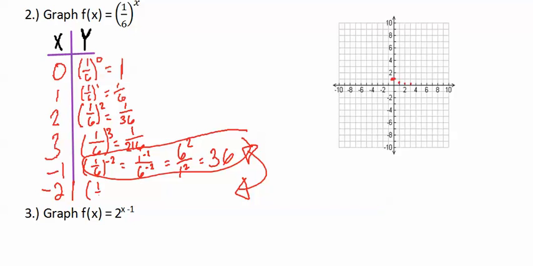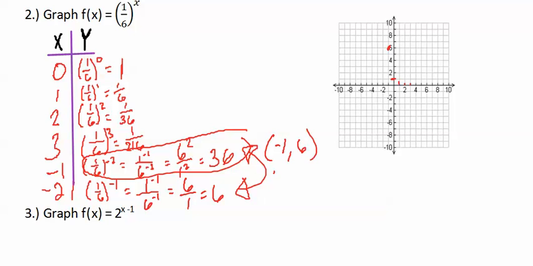So if I had 1/6 and negative 1, it would be 1 to the negative first power and 6 to the negative first, which would be 6 over 1. So when I go to plot this, negative 2 would be way up off our graph at 36, and negative 1 would be at 6. So this point should be negative 1, 6. That point's negative 2, 36.